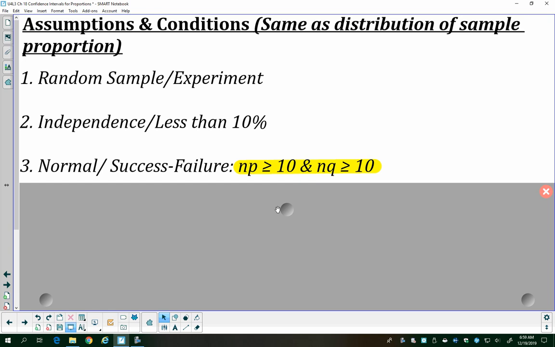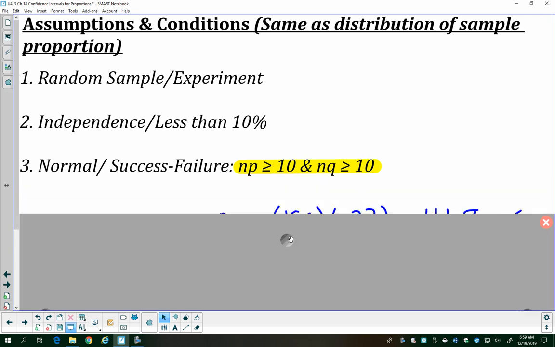So we need to expect at least 10 successes and 10 failures. In the scenario we're dealing with here with this seafood, the success is a mislabeled package. So in our sample, we need to expect at least 10 mislabeled packages, and at least 10 non-mislabeled packages.